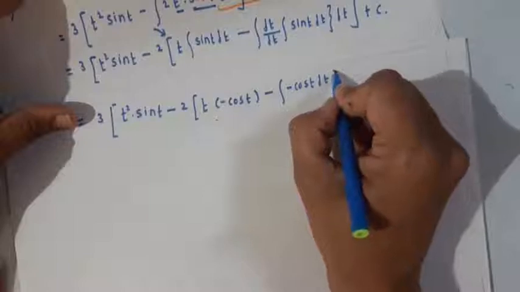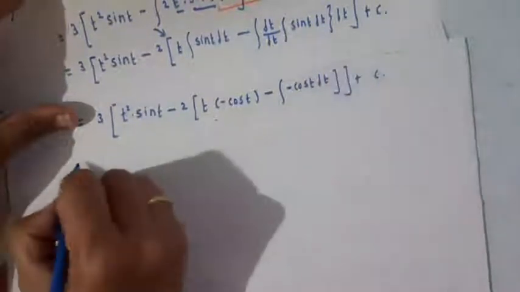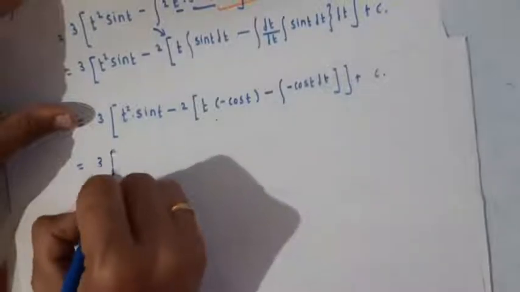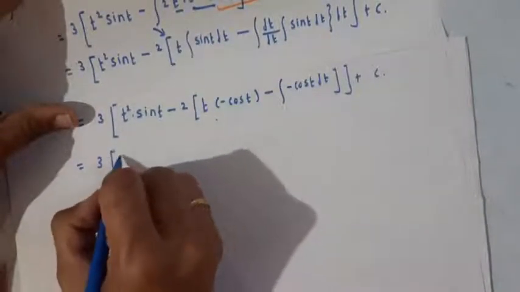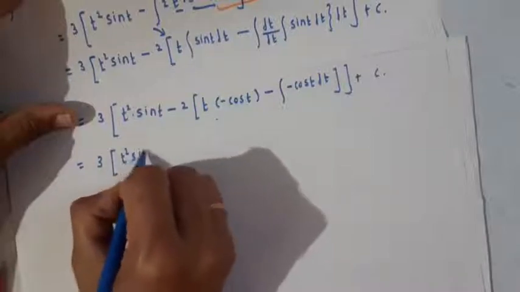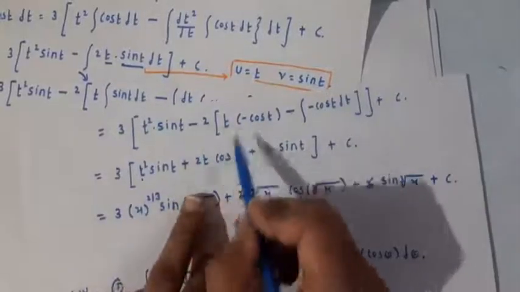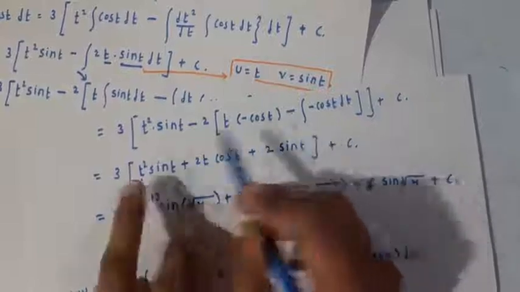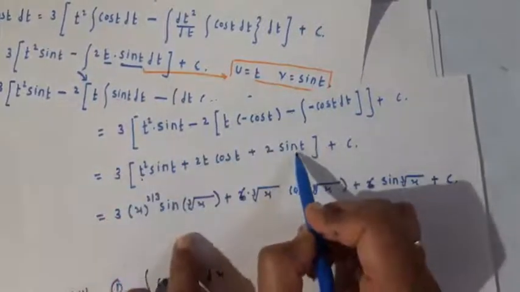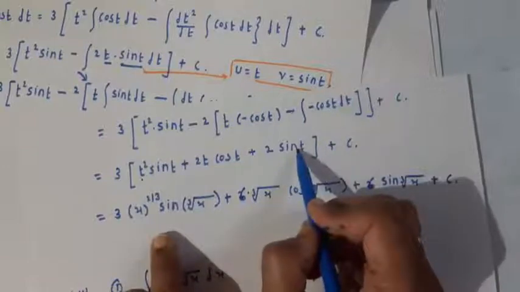Okay, and now plus constant of integration c. So here 3 t square sin of t, this minus plus 2t cos of t, again 2 into sin of t, since integration of cos of t is sin of t.